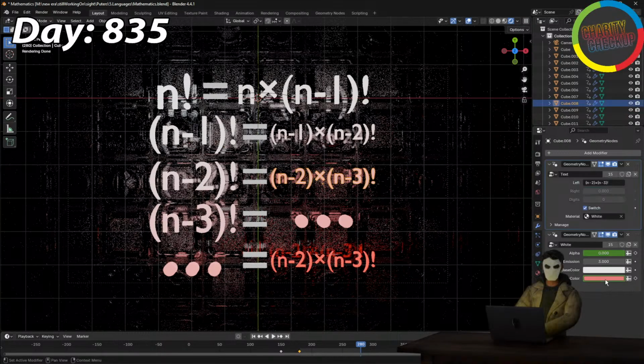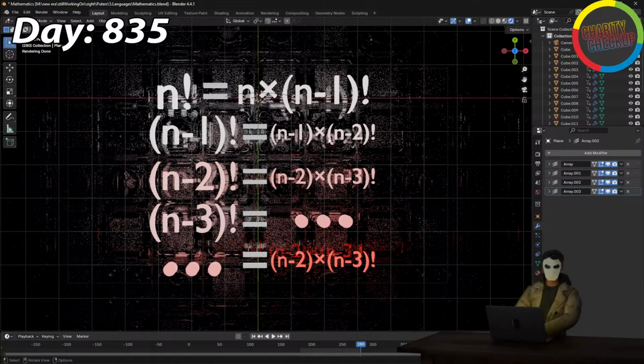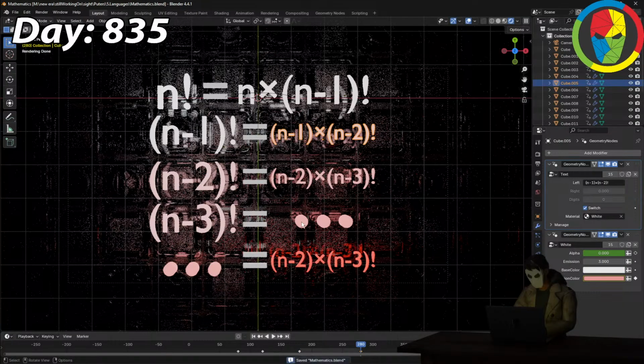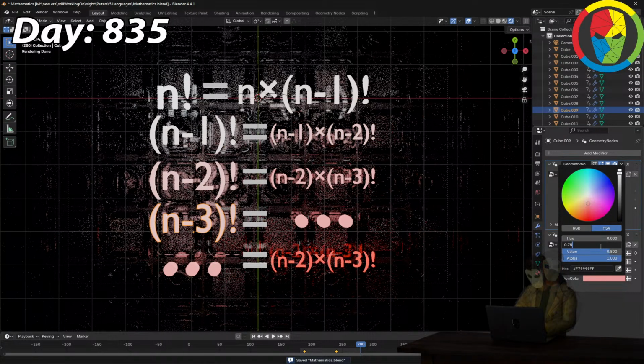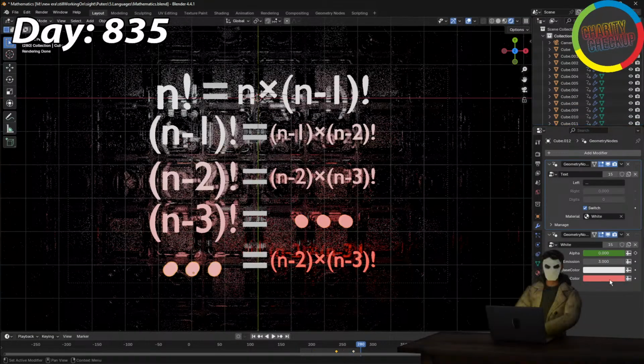I do believe, yep. This one will be 0.6, like so. And then this one also 0.75. And then we can just go higher.